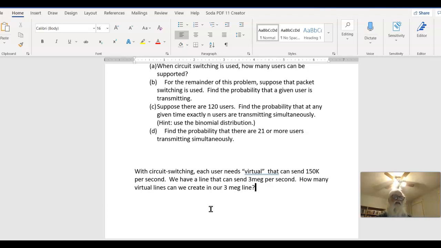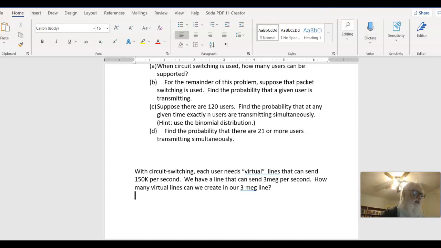Each one of them has to be separate, and it has to be dedicated to one machine. So the number of machine users we can have is how many virtual lines we can set up. Now, the next part's a little more complicated.